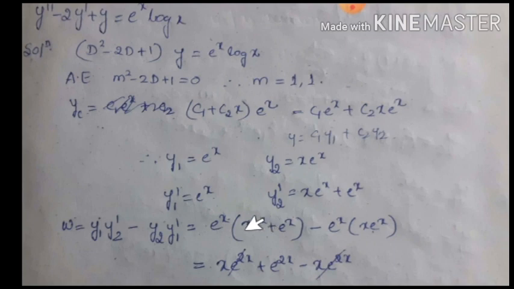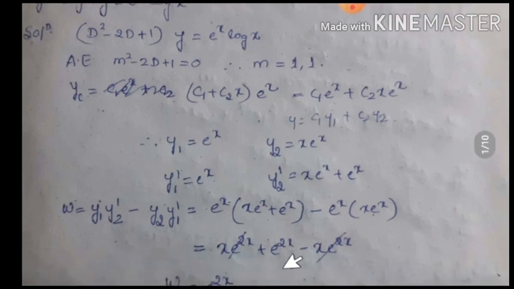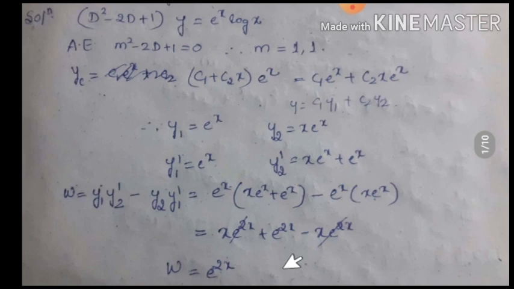When bases are the same, add the powers. So x plus x will become 2x. Similarly, multiply e to the power of x into e to the power of x. What will you get? The bases are the same, add the powers: e to the power of 2x, minus x into e to the power of 2x. So here x into e to the power of 2x gets cancelled. The answer for w is nothing but e to the power of 2x.